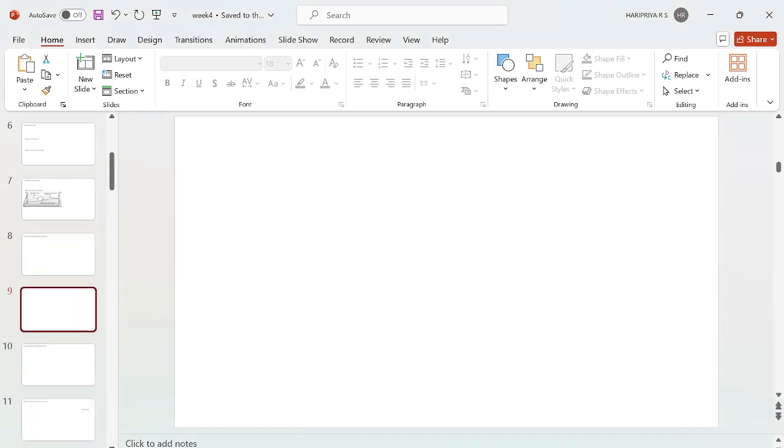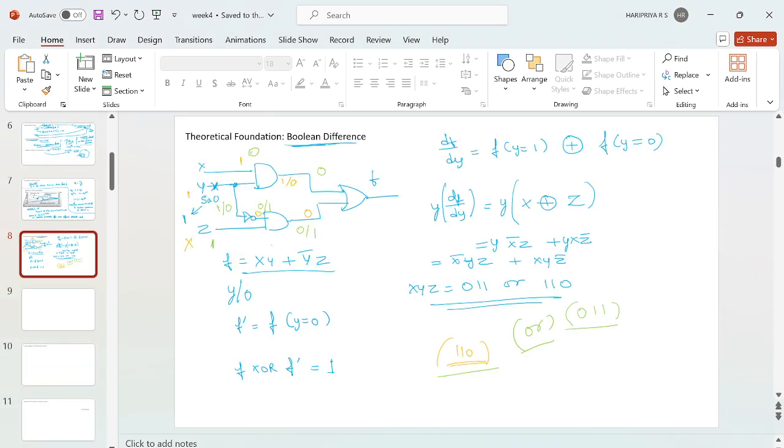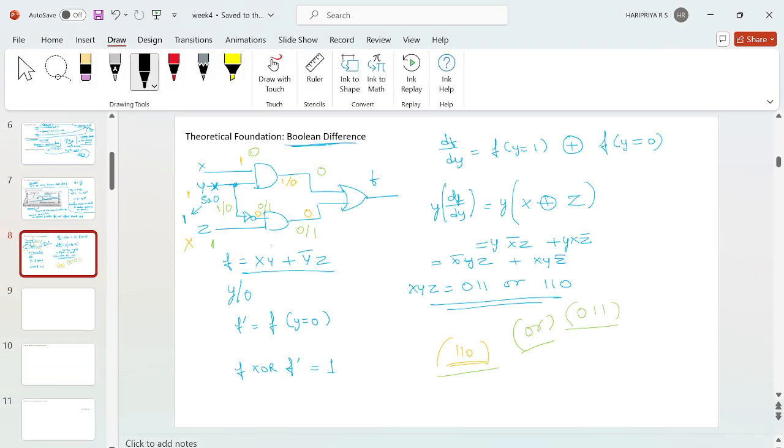If we consider another example using the same Boolean difference based method, now let's detect a fault at the W node. I will redraw this circuit again.